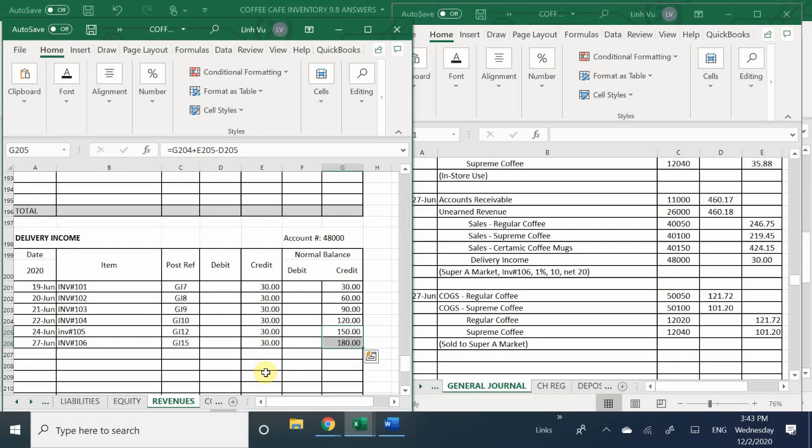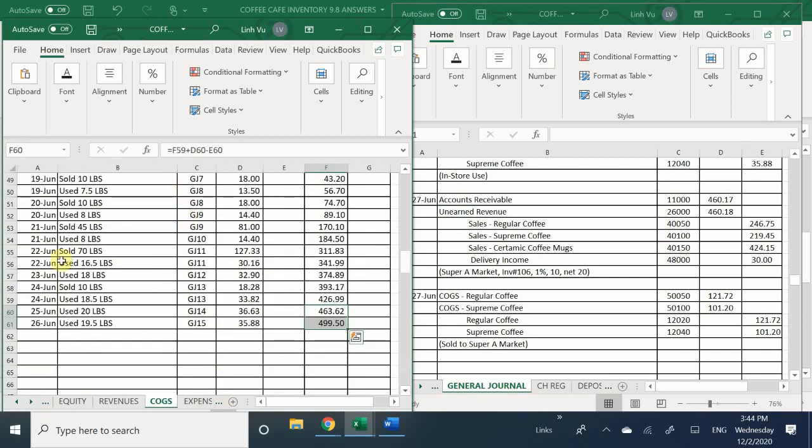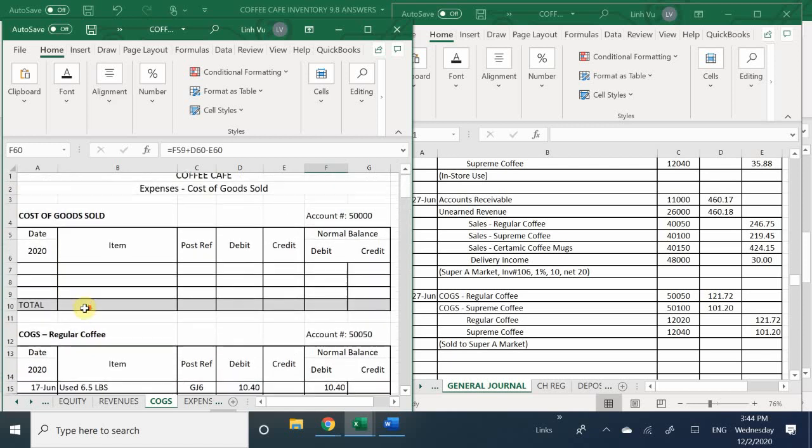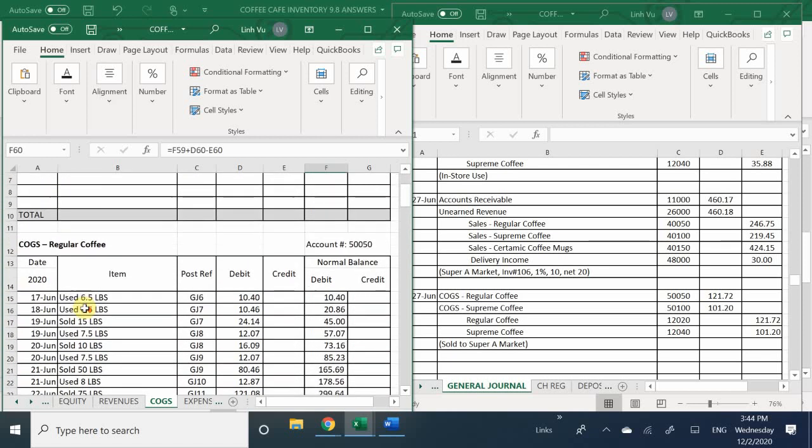All right, so let's see here. Let me get my bearings. That's what we're going to go to, cost of goods sold. I know this part's the tedious and long part. I sigh at this all the time.